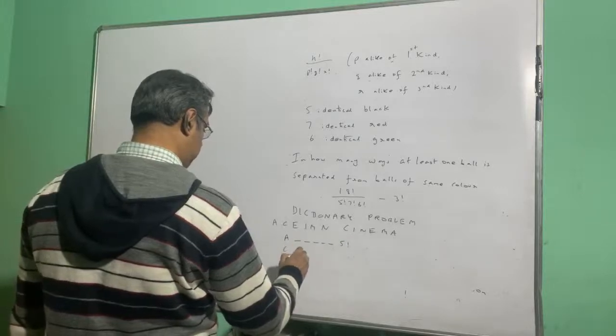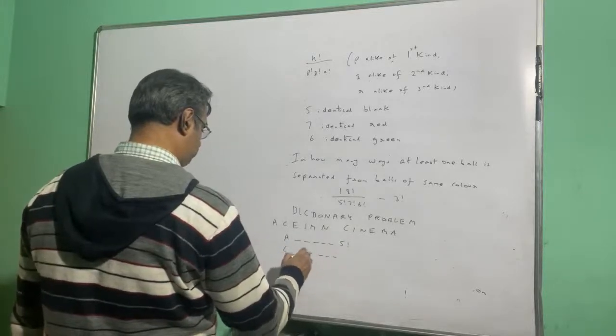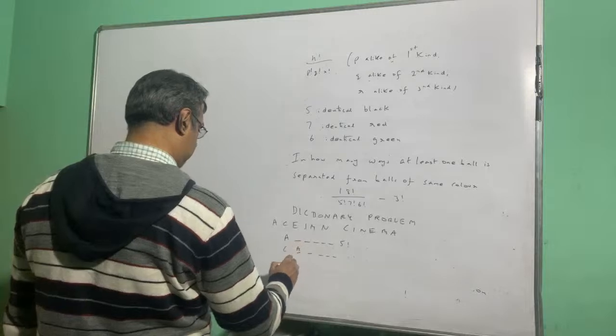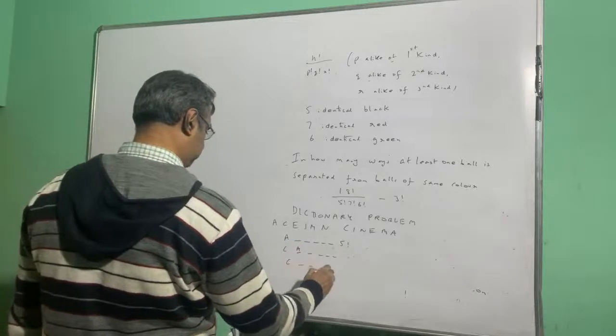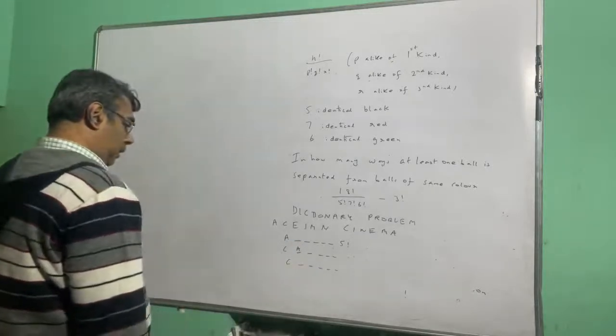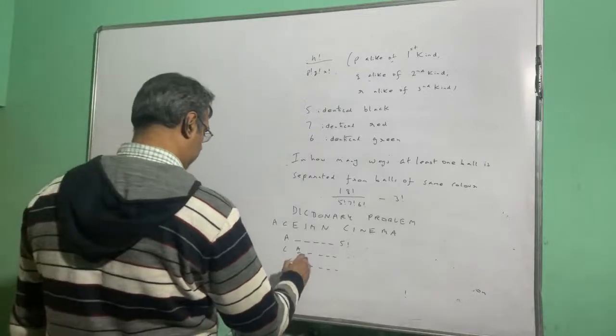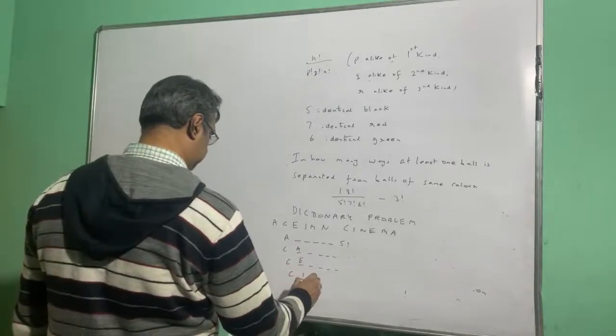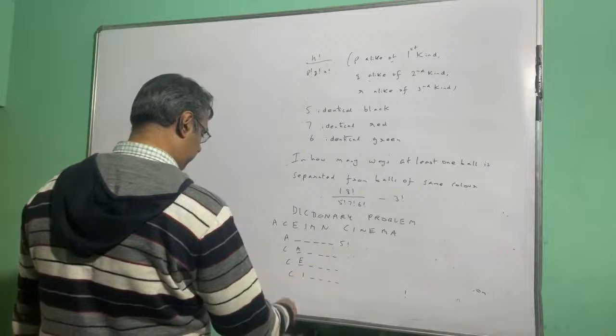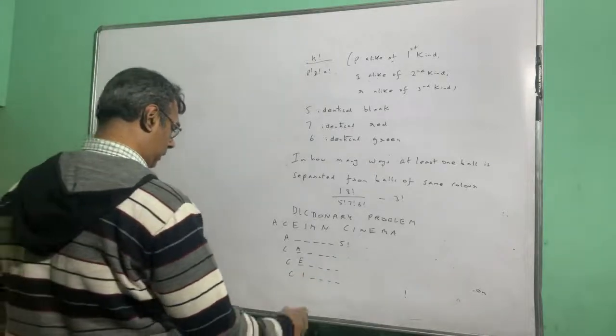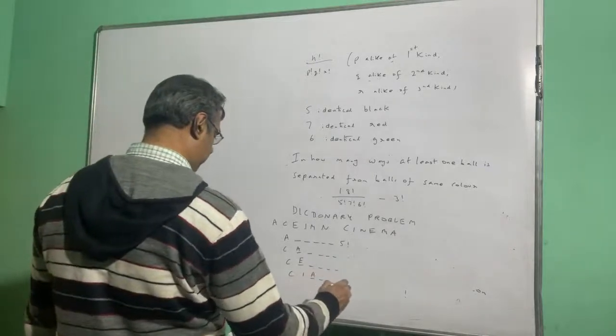If I start with C, then after C next I can put A. Then I can put E. If I put CI, then I can put A again.